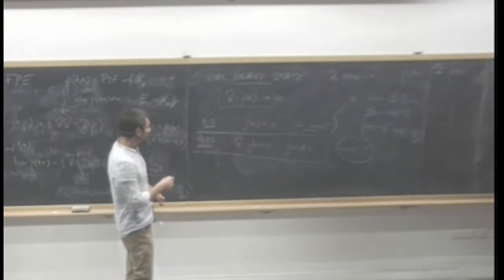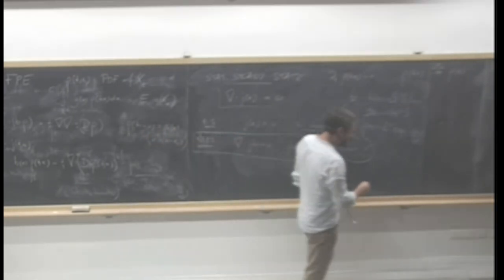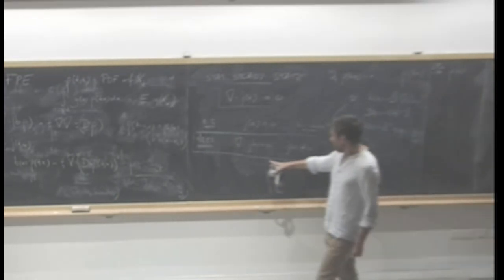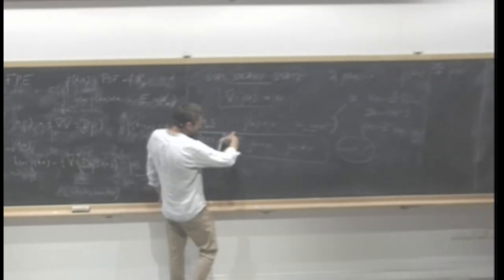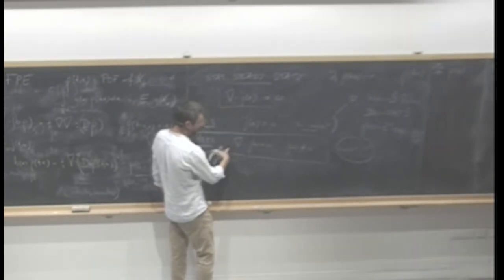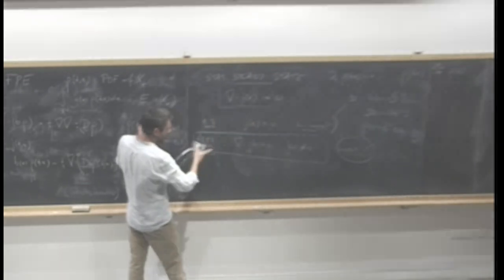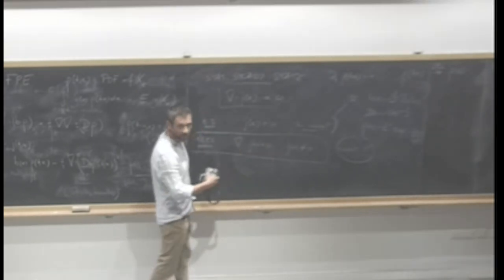Okay. Let me write down the equation again. Everything that I explain will be generalizable to this, but I will really focus for most of the lecture on cases where you have a statistical steady state. We can also look at this outside of statistical steady state, but we're going to look at statistical steady state with current.